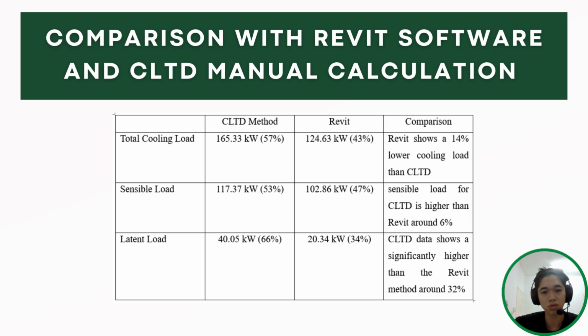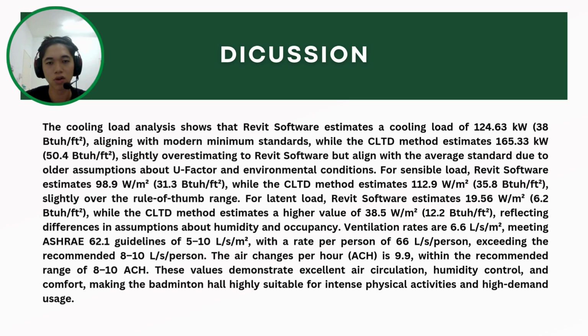For the latent load, it is 40.05 kilowatts, which is 66% for the CLTD method, and for the Revit software it is around 20.34 kilowatts, which is 34%. The CLTD method shows 32% higher than the Revit software. The cooling load analysis shows that Revit software estimates a cooling load of 124.63 kilowatts, which is 38 BTUH per square foot, aligning with the modern minimum standard of the rule of thumb.